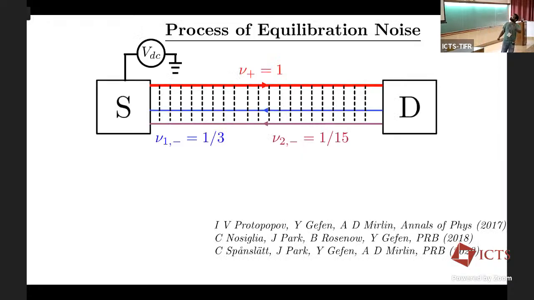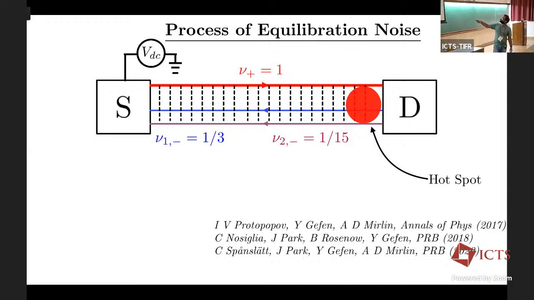Let's try to understand the hotspot I previously mentioned, and how that can create noise. See, there is something very funny in this one. This is nu equals 1, minus nu equals 1/3, minus nu equals 1/15. This is nu equals 3/5, a very famous hole-like state.